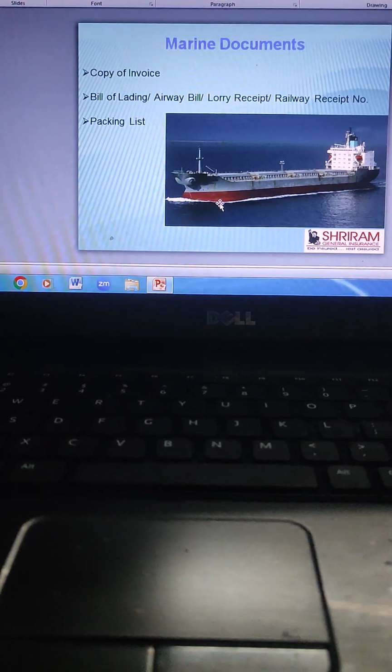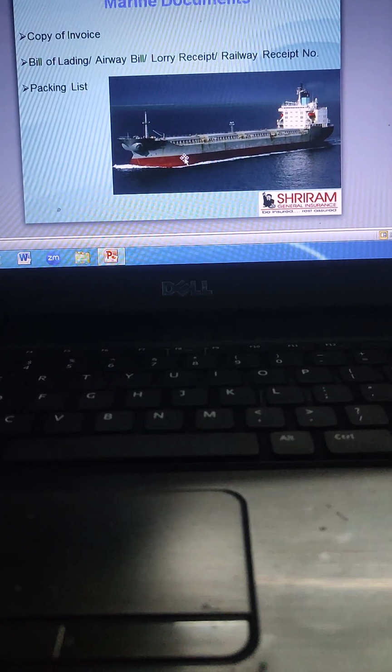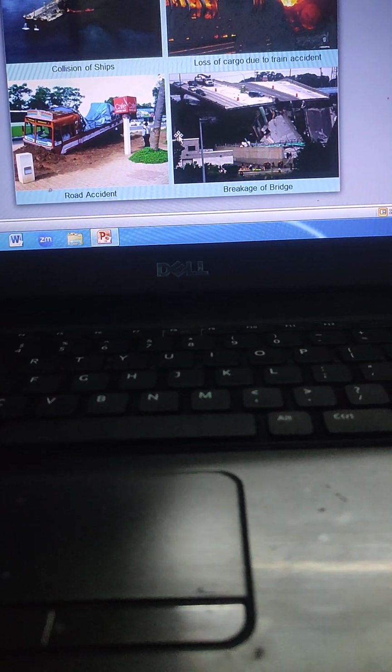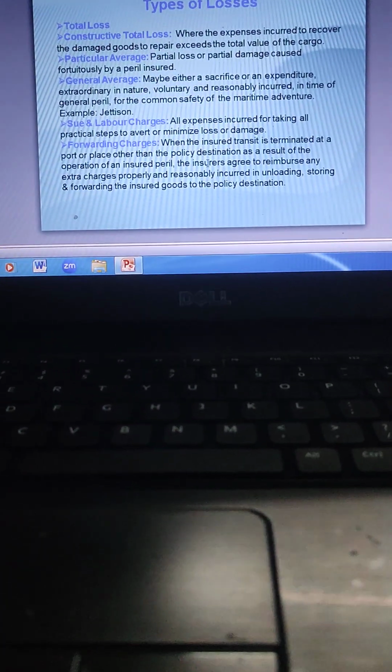These are the marine documents which are required: copy of invoice, bill of lading, packing list, etc. Collision of ships, you can see loss of cargo due to train accident, road accident and breakage of bridge. Then types of losses.